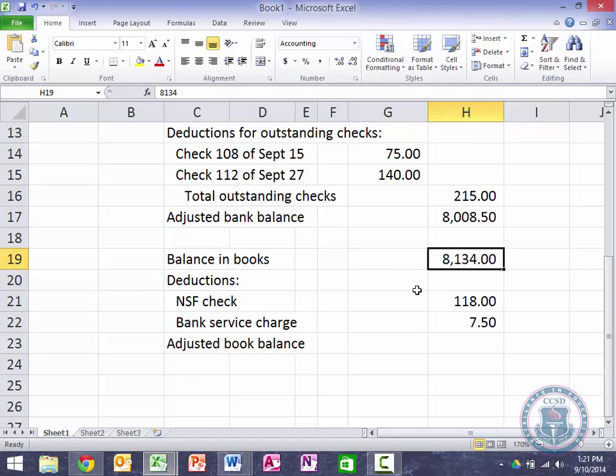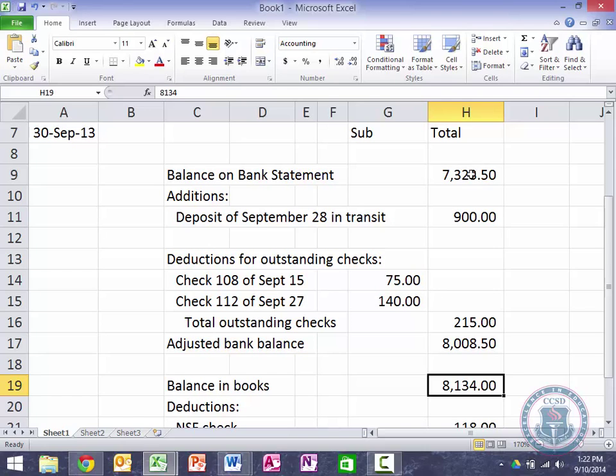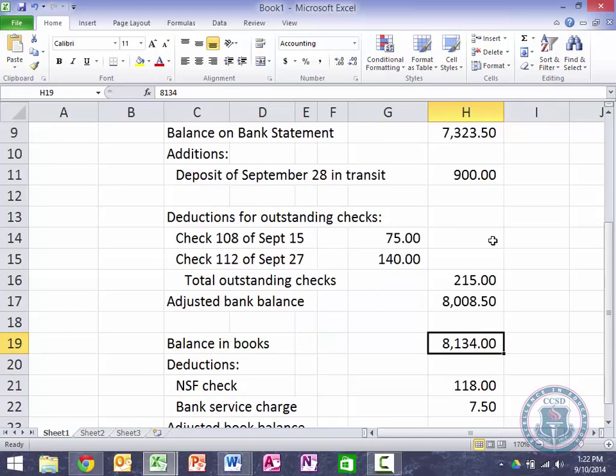So that is our beginning book balance. It's what we have according to our records, what should be in the bank. But it's not what's in the bank. What's in the bank? It's actually $7,323.50. So you're like, whoa, how can my books be so far off? They're not. There's just the two things that haven't been reconciled yet. So we're just going to make them match up.